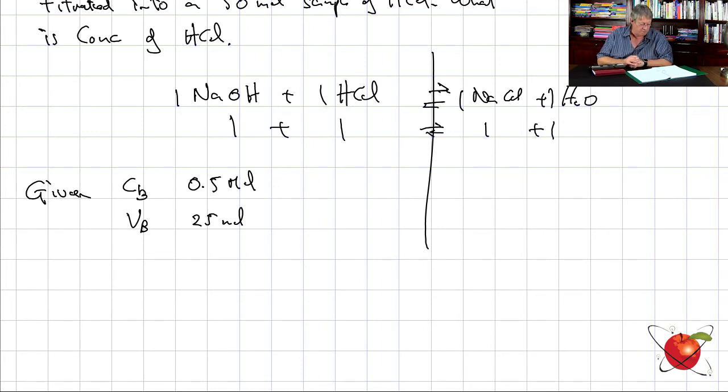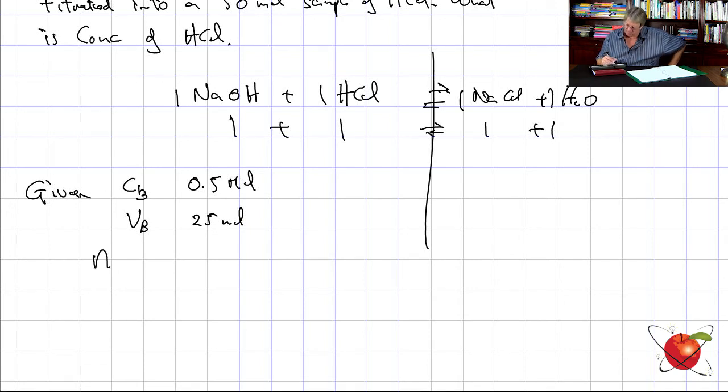That's what we're given, and that is added to something of the acid. So 25 milliliters of the NaOH is added to 50 milliliters of the acid. So we've got NaOH. So how many moles?